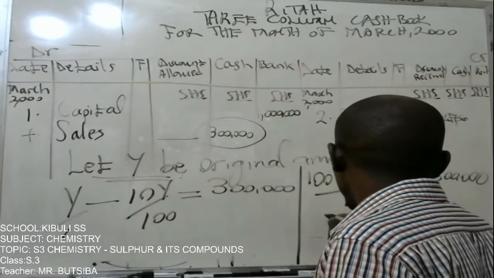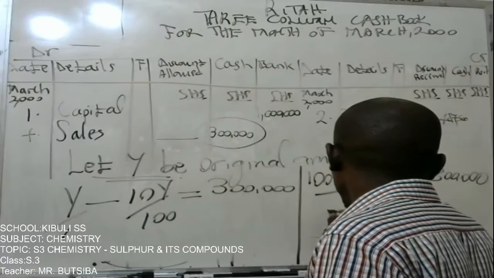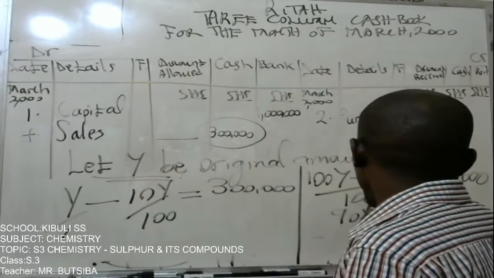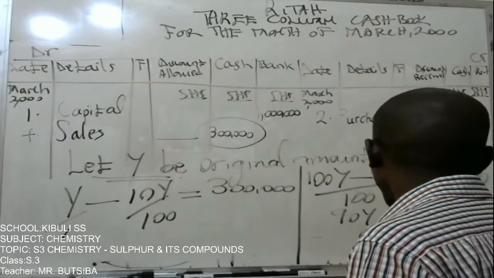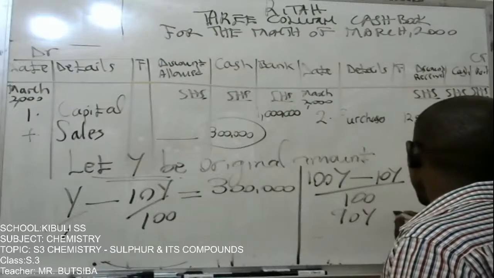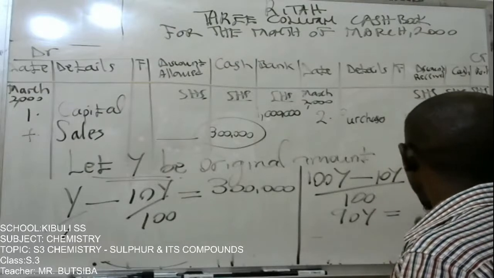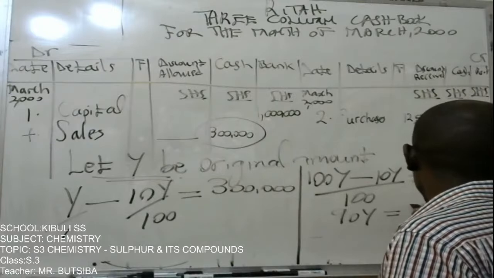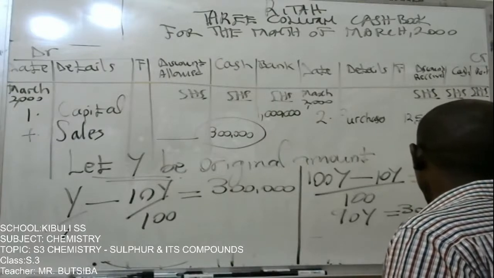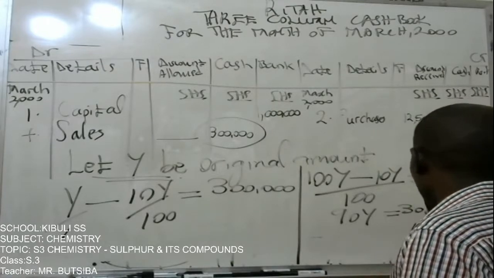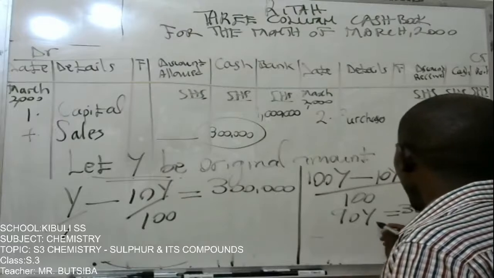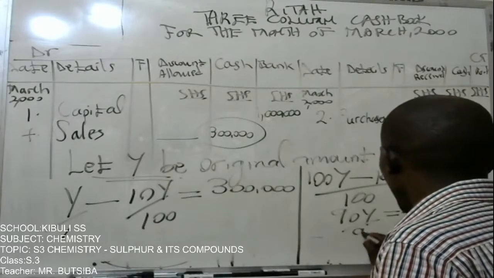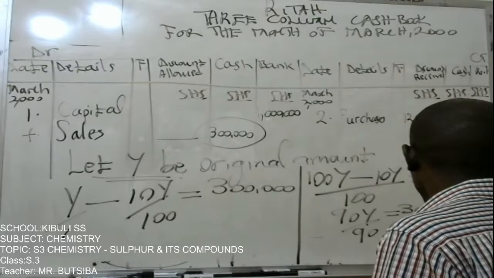So that becomes 90Y when you subtract 10Y from 100Y, which equals 100 times 300, which gives you 30,000. And then divide by 90, divide by 90.